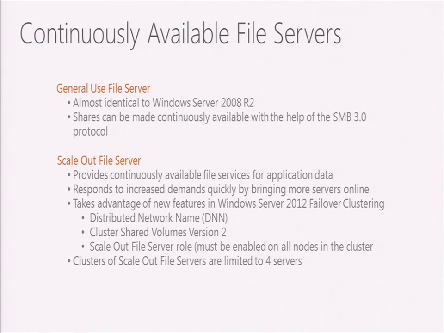The scale-out file server is really that new rich capability that I was talking about, where you can actually expose that SMB share and make it available for Hyper-V, make it available for SQL databases, for that real-time I/O, heavy write stuff, and still be able to put it on this clustered location and know that if the node fails, another node will take over and you will have zero downtime.